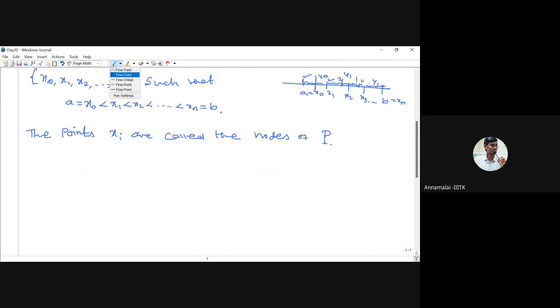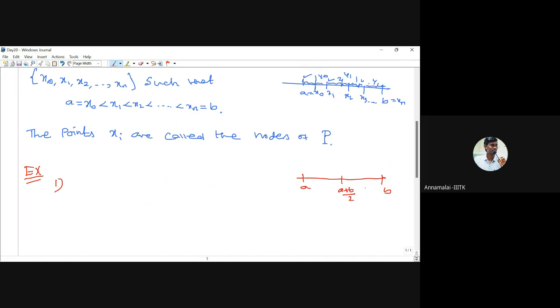There are infinitely many partitions for a given interval, so we take some specific examples. Example one: we take the closed interval [a, b], and the middle point of these two, that is (a+b)/2.